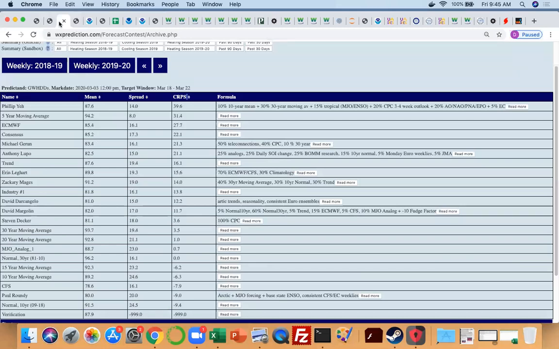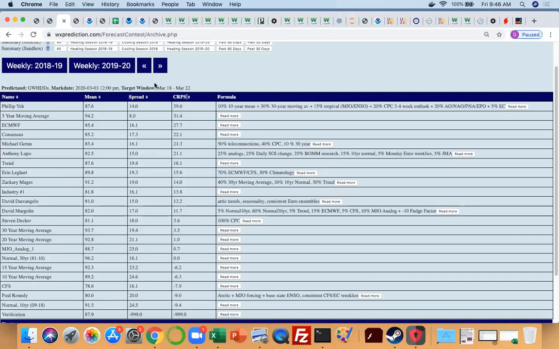The only thing I'll mention is I think, and don't quote me on this, but I think the CPC did really well with this forecast, because I think they were fairly warm as well. This week I changed my formula to ignore more of the teleconnections and lean more towards the CPC.